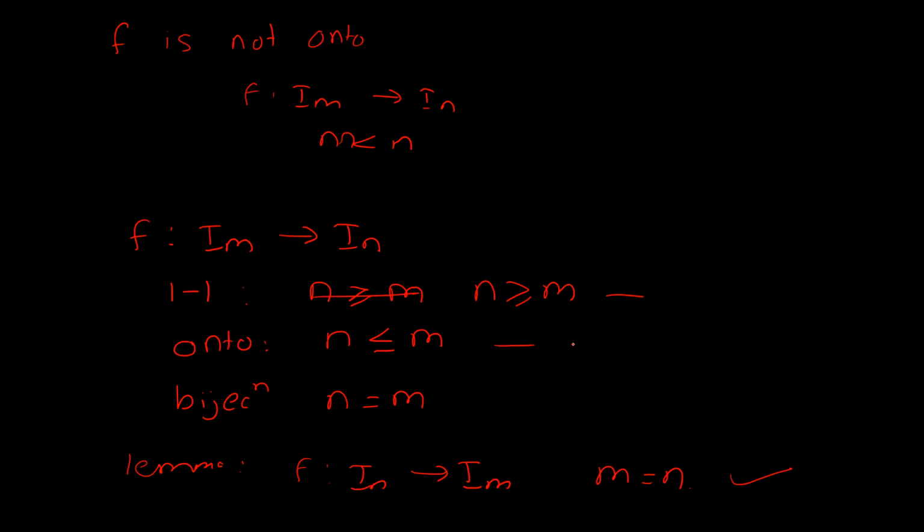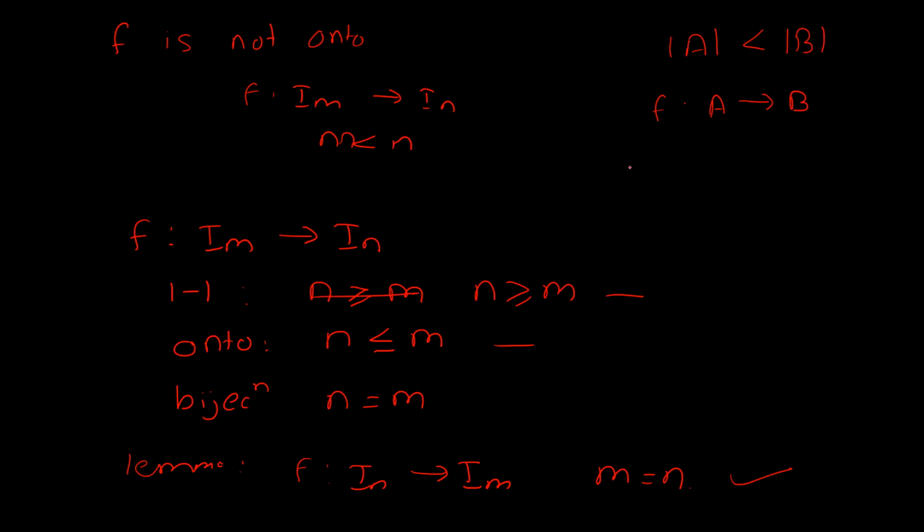So this was all about the finite sets. See, these same questions can be twisted again. This question can be repeated like this: if cardinality of A is less than cardinality of B, then there cannot exist an onto map from A to B. Such a question can also be asked.